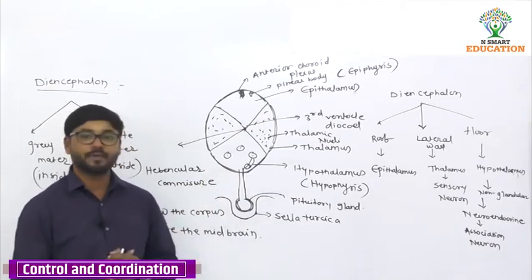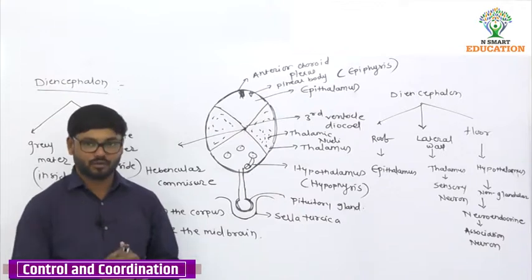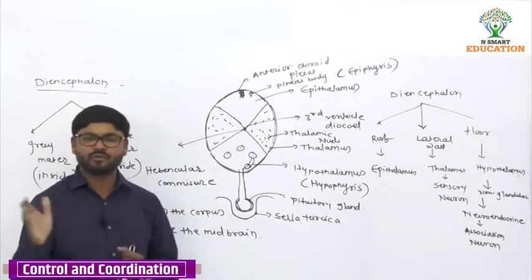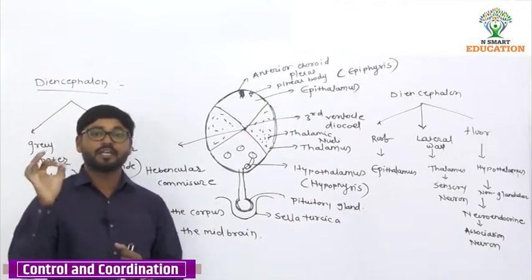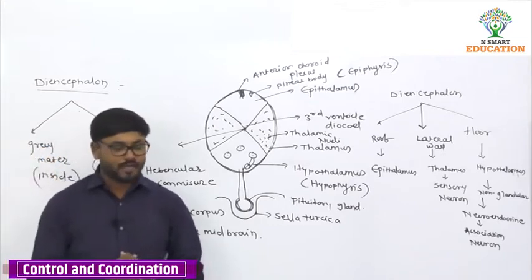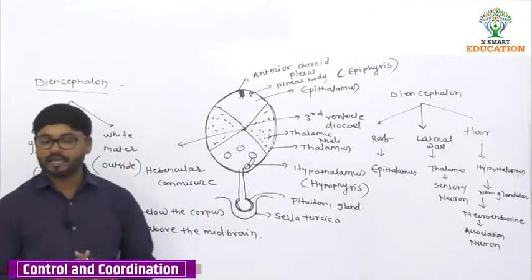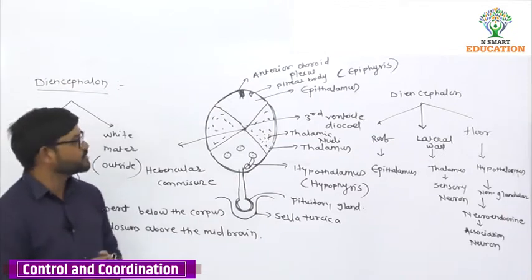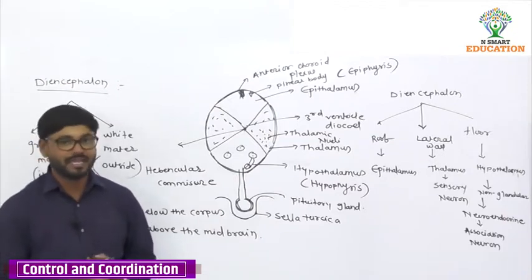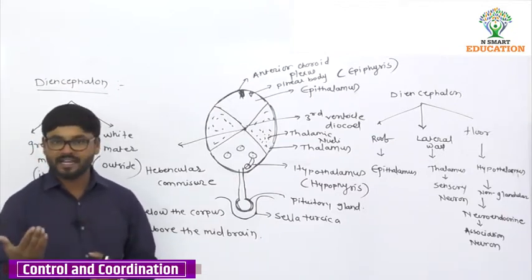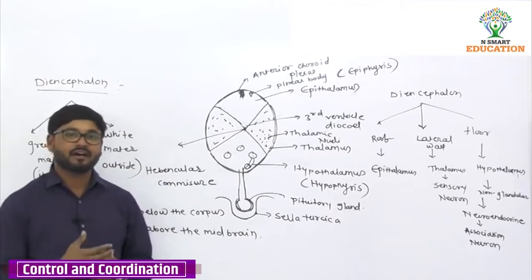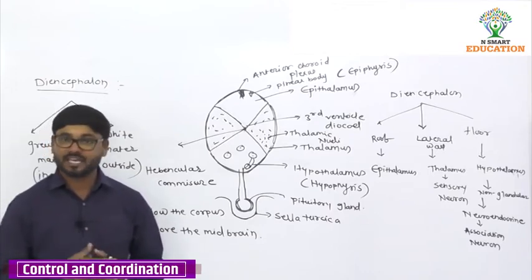Now about the epithalamus. Epithalamus means it is a non-nervous part. There are no neurons present, that is why it is called the non-nervous part. Also present are some epithelial tissues and ependymal cells. Ependymal cells secrete CSF.